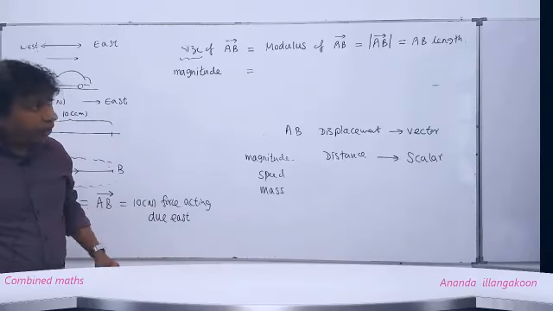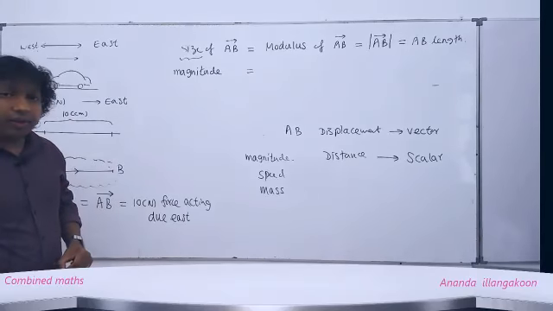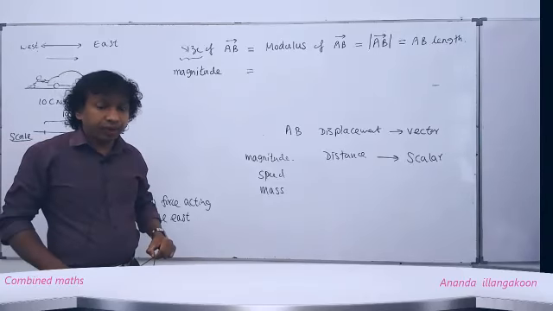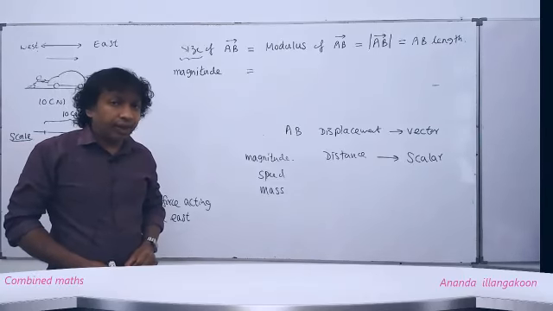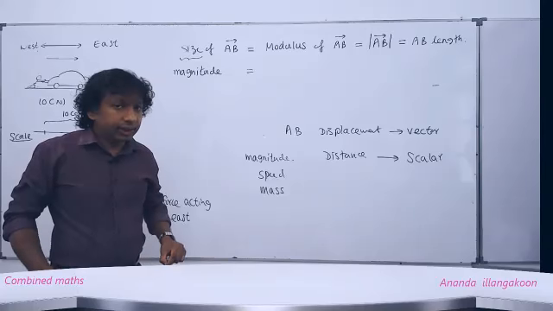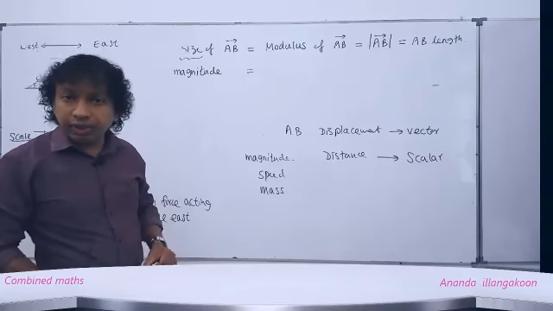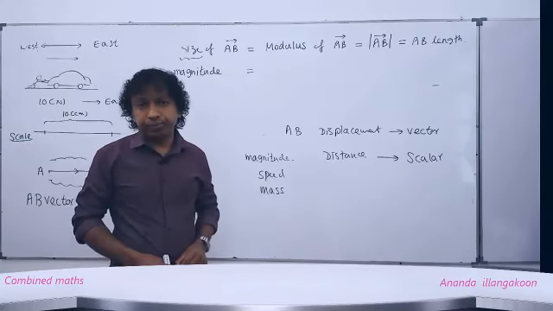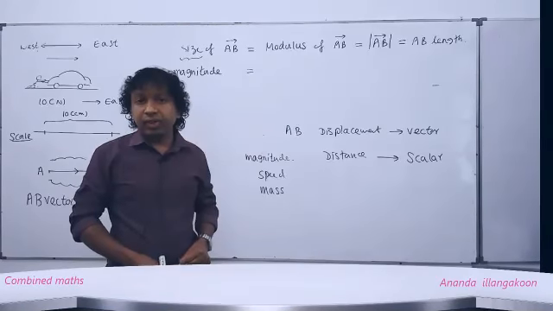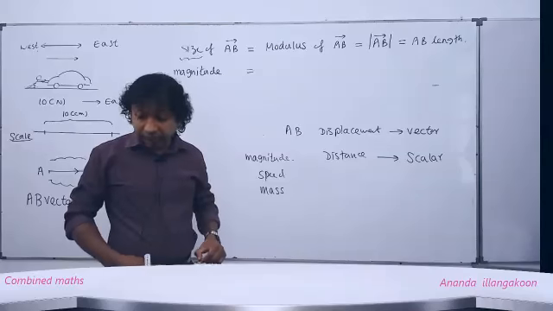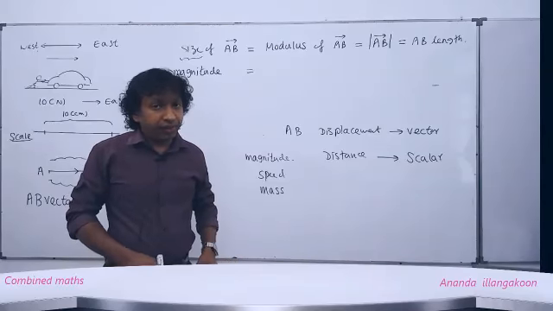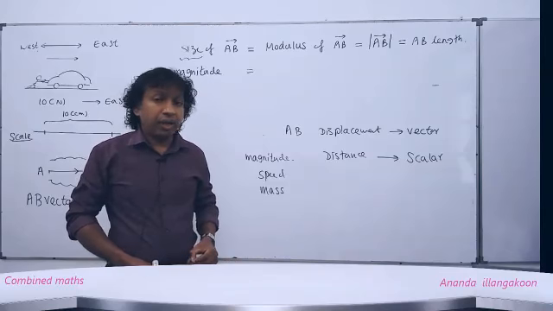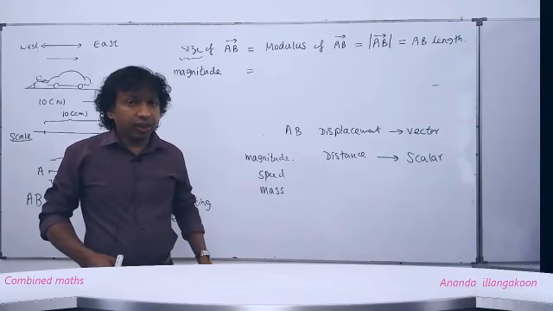Now, when we represent a vector like this, a line segment along with an arrowhead, whatever that vector is, we represent it geometrically by a line segment along with an arrowhead.